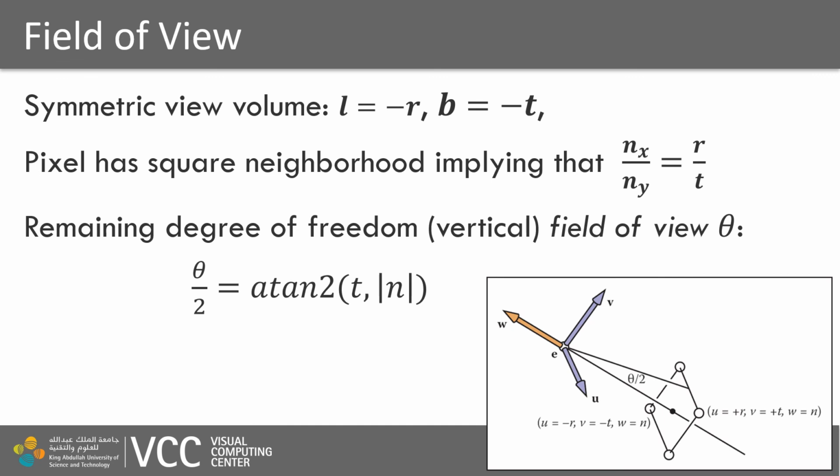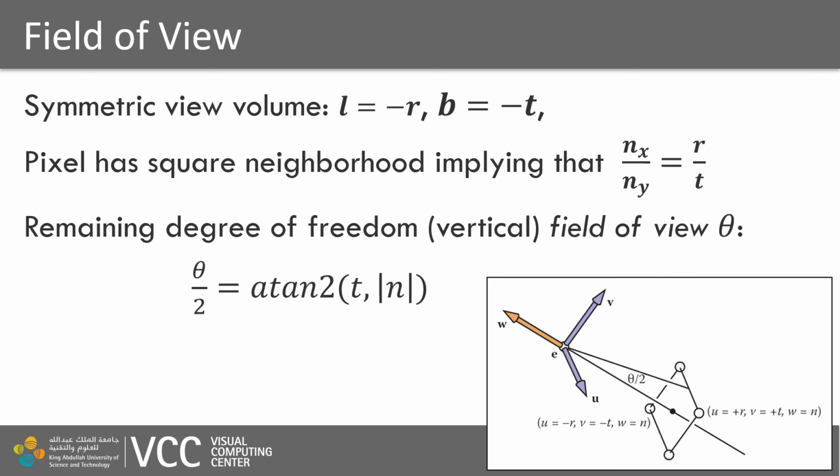So it will be symmetric, and on top of that, the pixel area associated with some pixel center will be a square. So the pixel dimension in each direction will be the same.